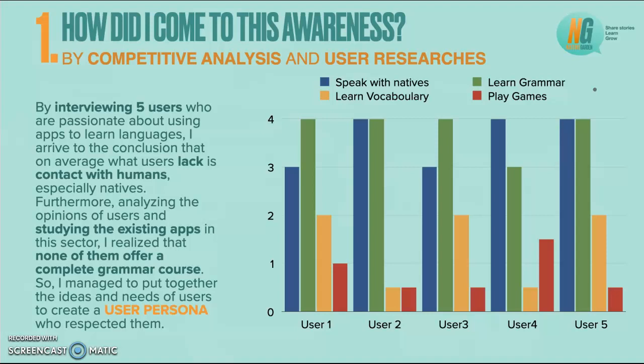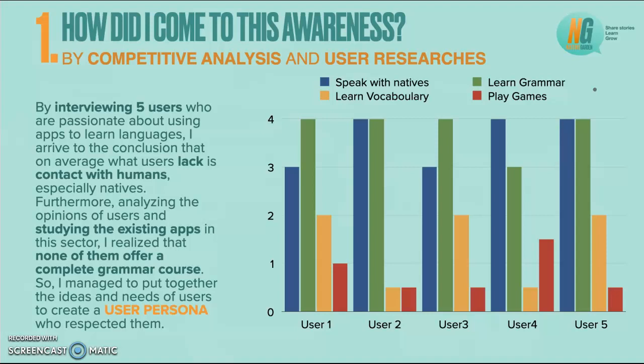People were giving much more importance to speaking with natives and learning grammar than to learning vocabulary and playing games. They were so excited about the idea of an application that could give them a solid grammar base and create a network with people who actually speak the language they want to learn.